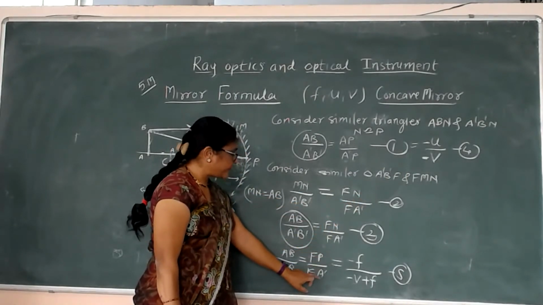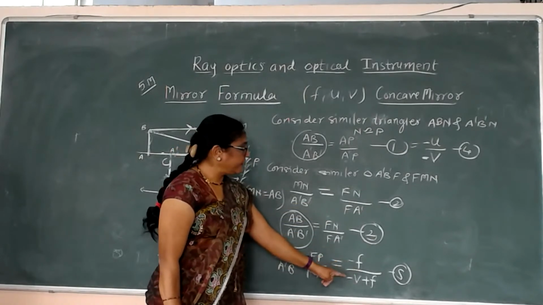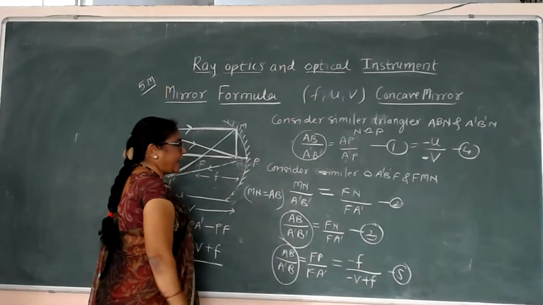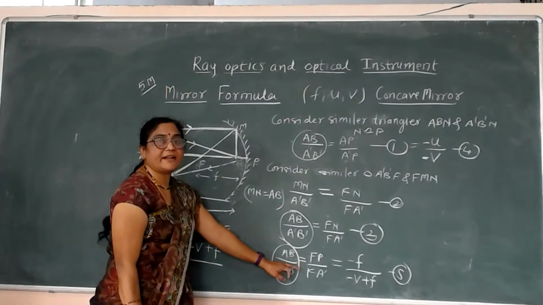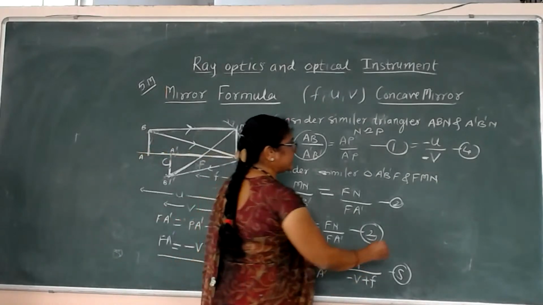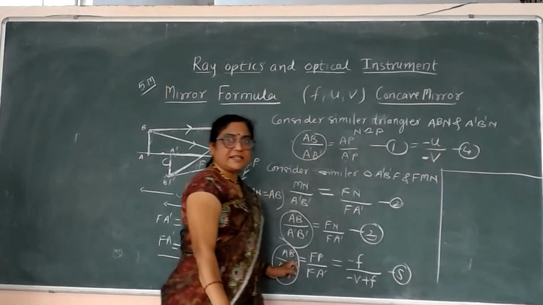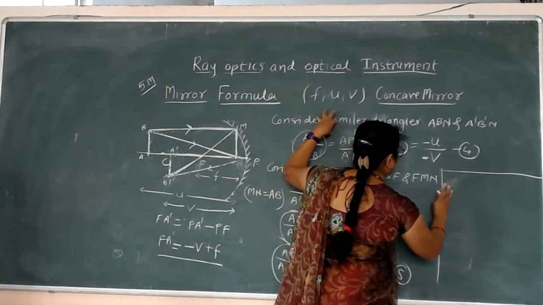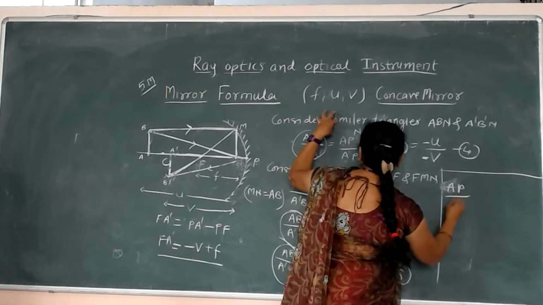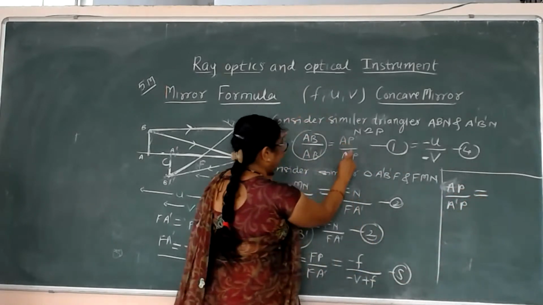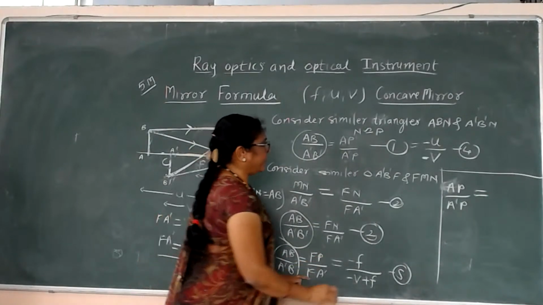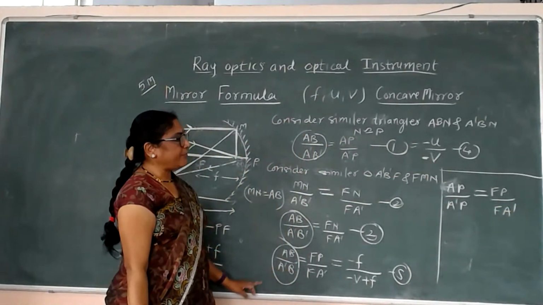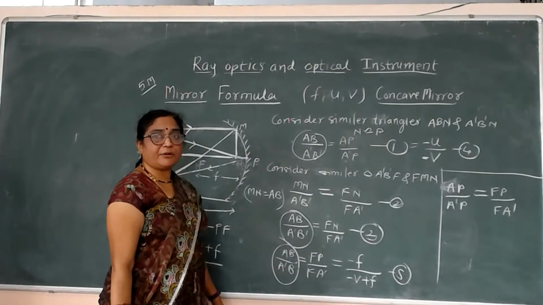When we compare both equations, one side is the same, that is AB divided by A dash B dash, which means the other side is also the same. So AB divided by A dash B dash is equal to FP divided by FA dash.